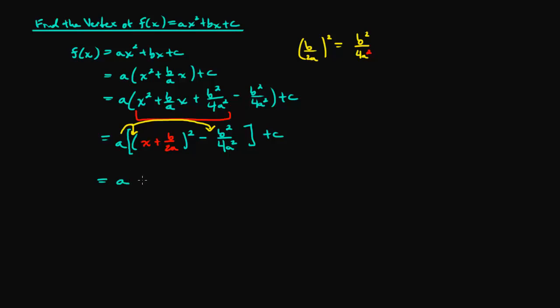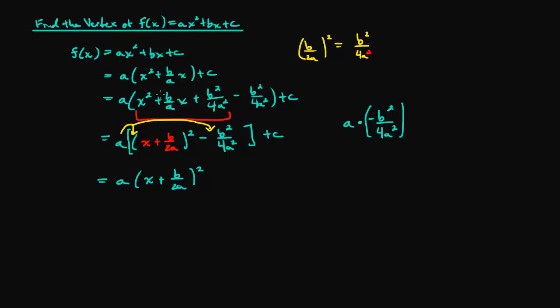Well, if I distribute a to this first term, I just get a times x plus b over 2a squared. And then I've got a times b squared over 4a squared. Actually, I should have negative b squared over 4a squared.